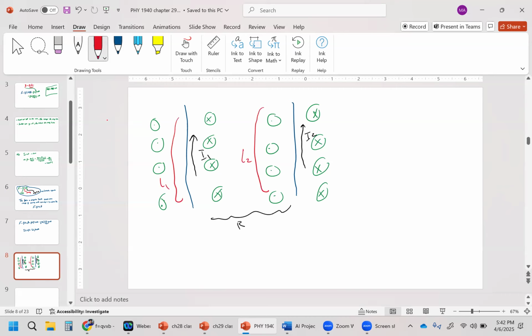Now, the net magnetic force on I2 caused by I1. So you want to find the force, let's say, F2 to 1. Go ahead and do this one.